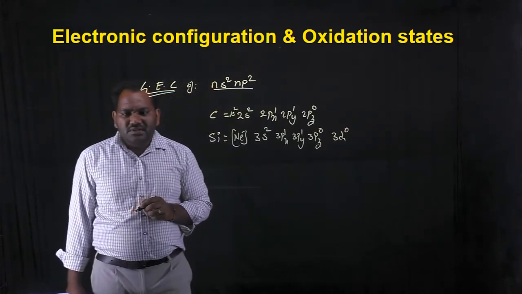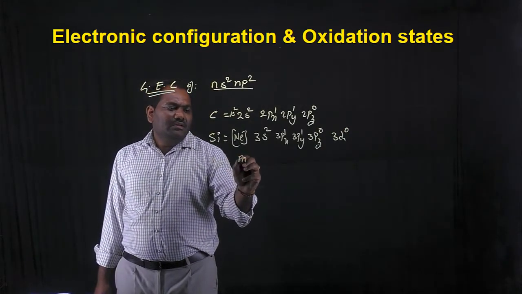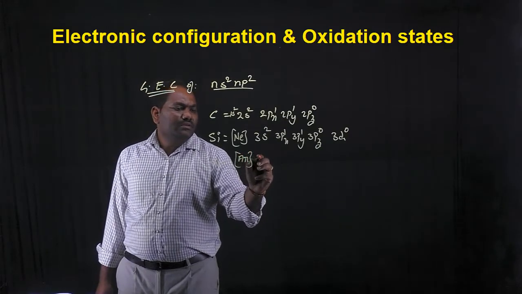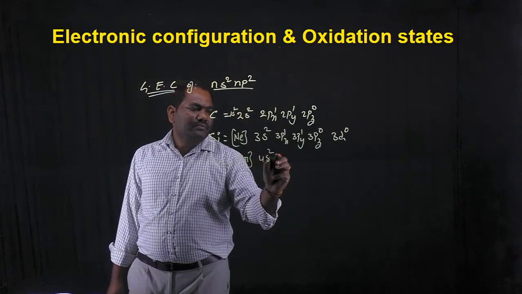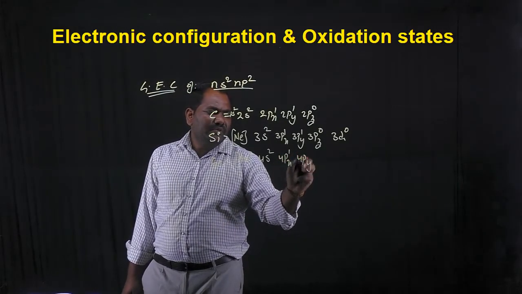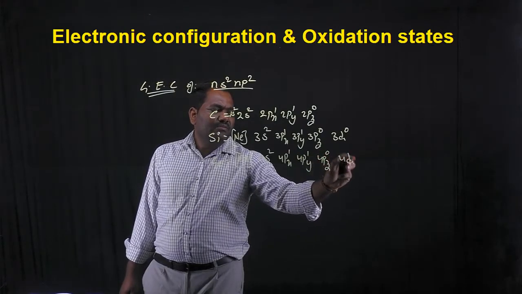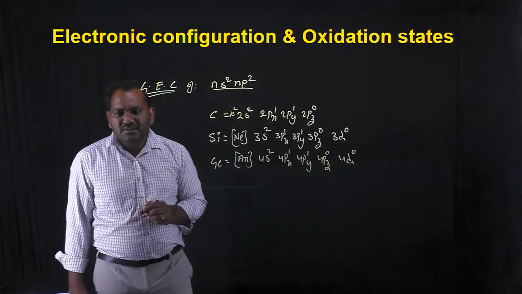Next is germanium: argon 4s2, 4px1, 4py1, 4pz0 and 4d0 also.